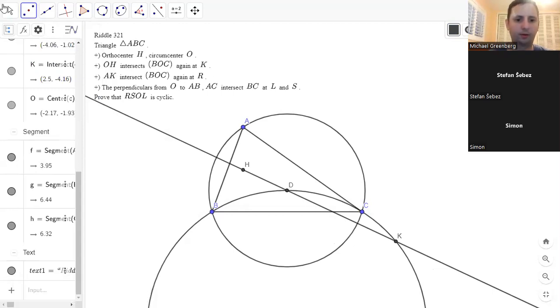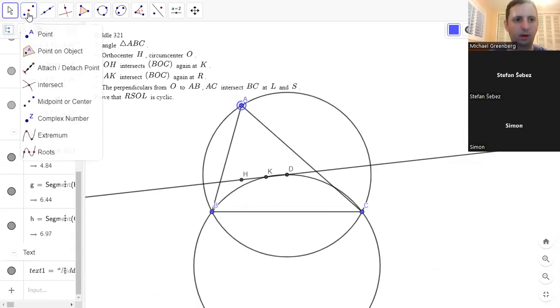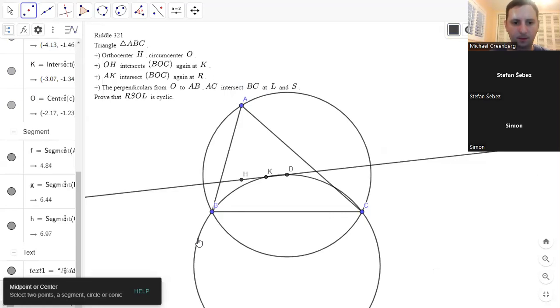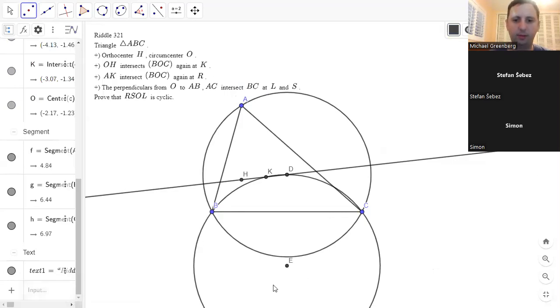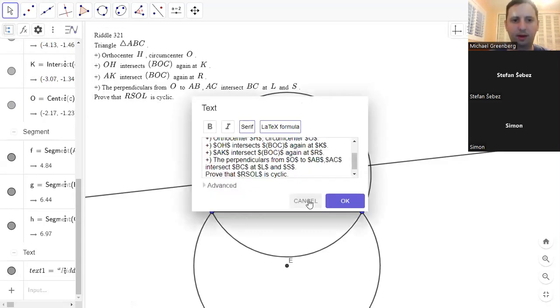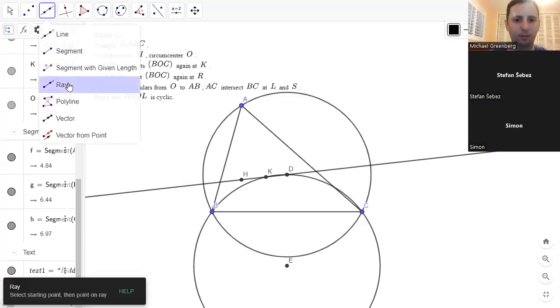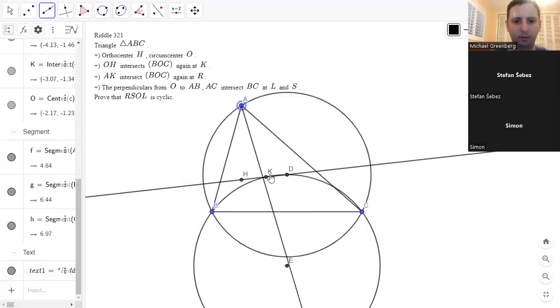Oh, wow, you can't even see the center. Oh, no, it just didn't draw it right. So yeah, EB and EC are tangents to the circle. And then AK intersects BOC again at R. So I might have to redraw this, maybe make triangle ABC smaller.